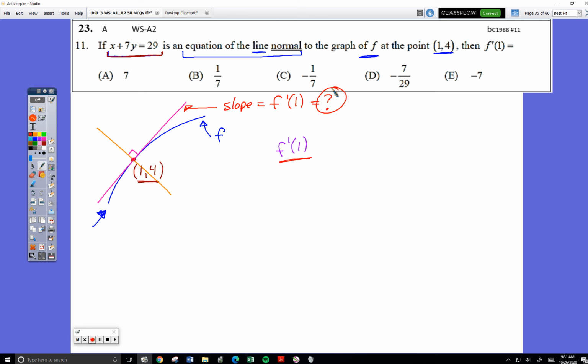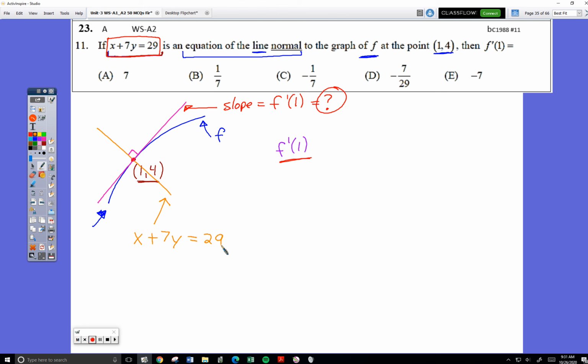Where does this go in this whole thing? Where does this label belong? Hands. Where does that label belong? Melissa. It's the equation for the line perpendicular to the tangent slope. So this line is x plus 7y equals 29. How many knew it? 2 points, 3 for Melissa.